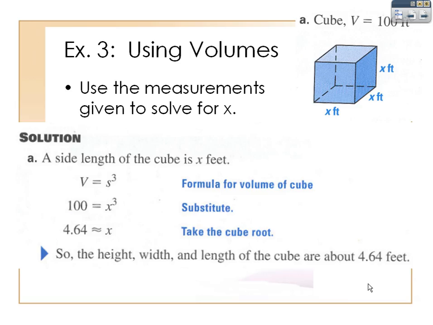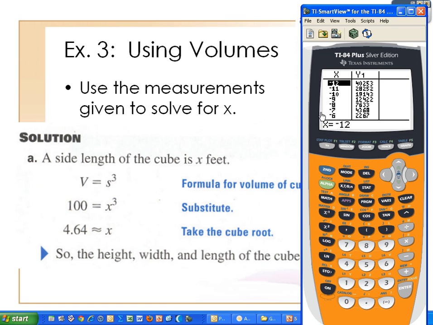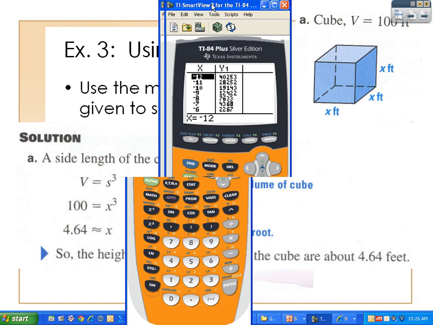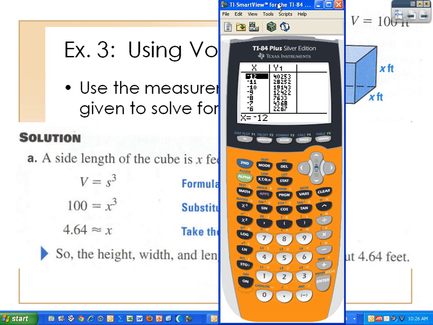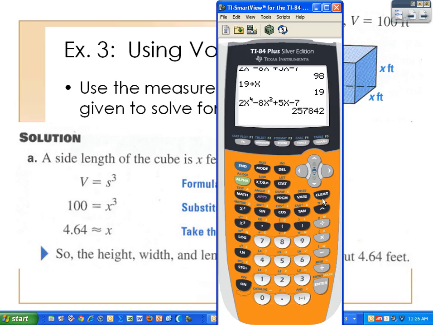Well, on your calculators, let me show you a couple examples of what you might see for that. Cube root, strange animal, cube root. Okay, here's how we do that. If we want to do a cube root, there's a number of ways you can. Each calculator is going to be a little different. I'll show you on the TI-84.